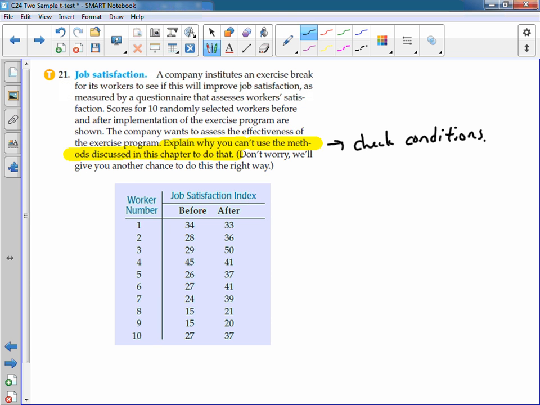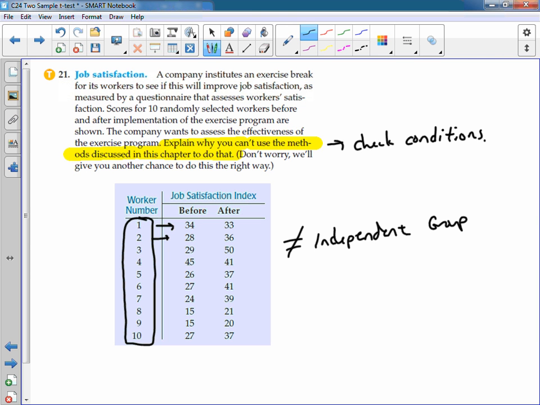You have 10 workers, and they're the same workers, and you're getting 2 responses. So this is not independent groups. You have one group of people with 2 sets of responses. If you're worker number 1, and you talk to worker number 2, maybe you influence each other, it gets kind of tricky. So this is not independent groups.